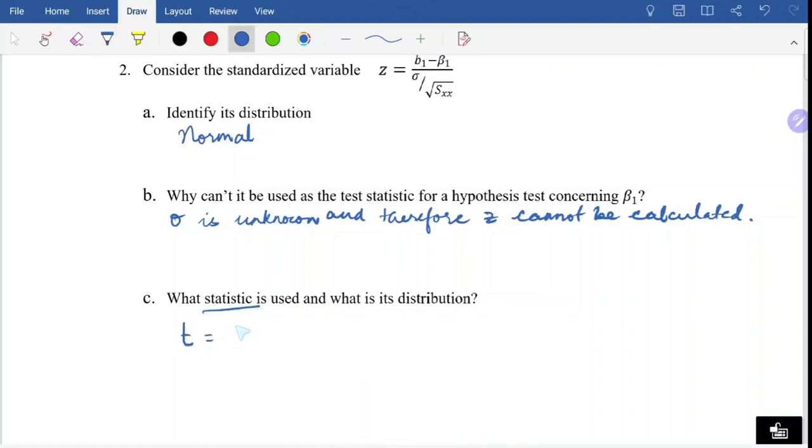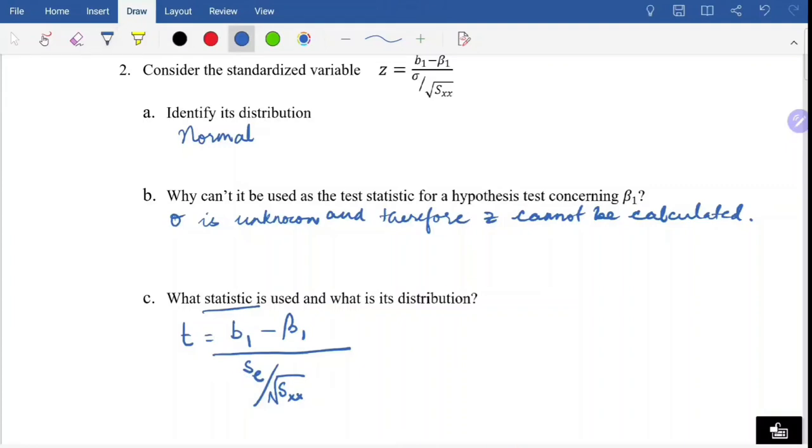So our formula is going to look like this: b sub 1 minus beta sub 1 divided by s sub e, the standard error of estimate, divided by square root of s sub xx. That's the formula that we are going to use when performing hypothesis tests on the slope. It has to be a t distribution that we will be using.